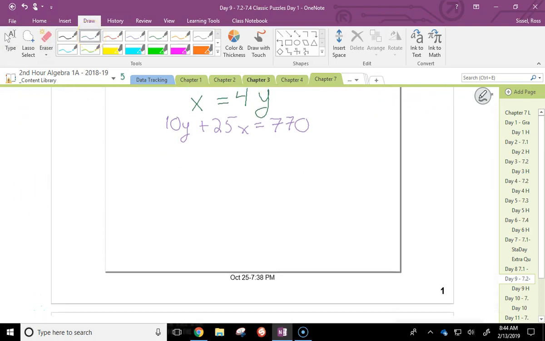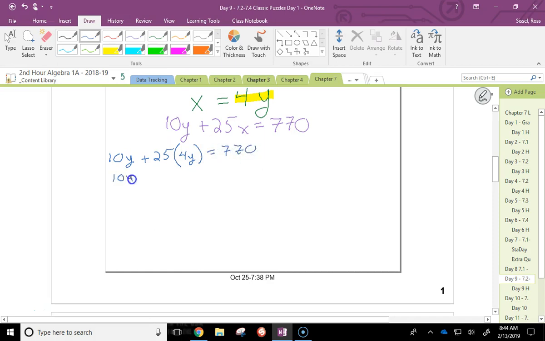So, to substitute, if x equals 4y, I would go into my second equation and say 10y plus 25 times 4y equals 770. You then have 10y plus 25 times 4 is 100y equals 770.